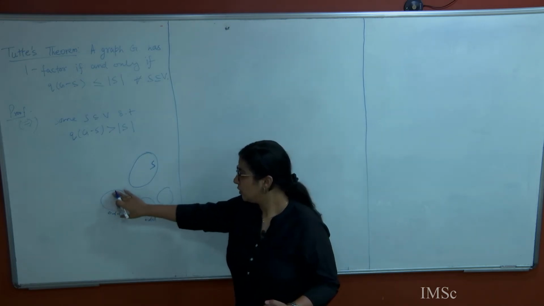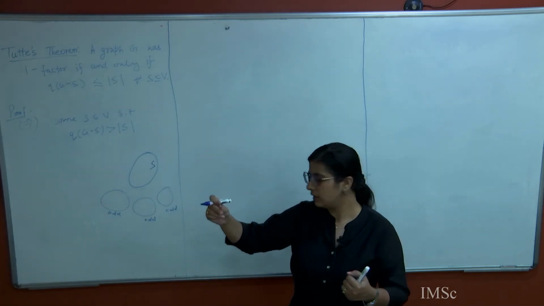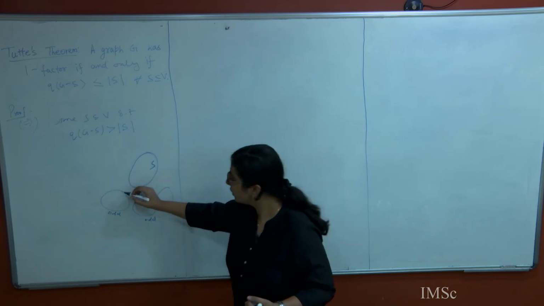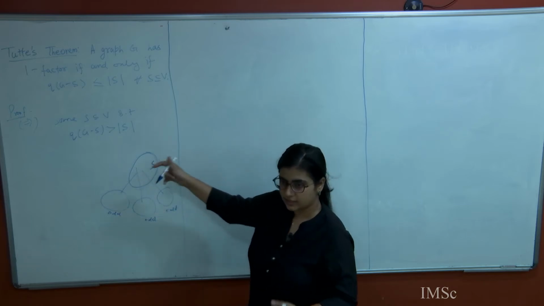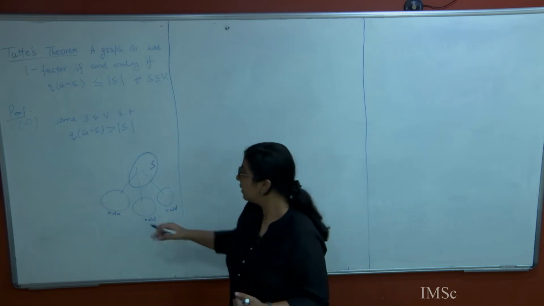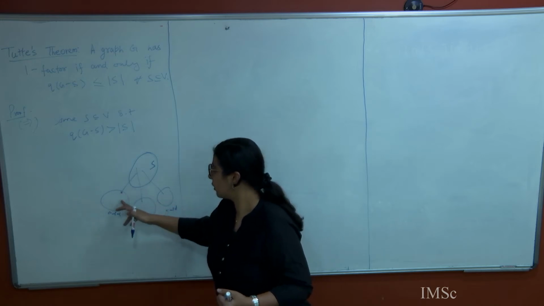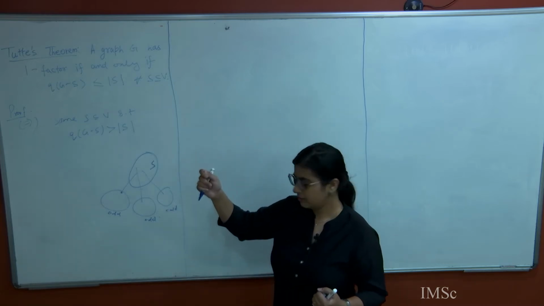So at least one vertex must be matched outside this component, and it can match only in S, because all the components are connected by S. S is the separator of these components. So at least one vertex from every odd component is matched to the set S.